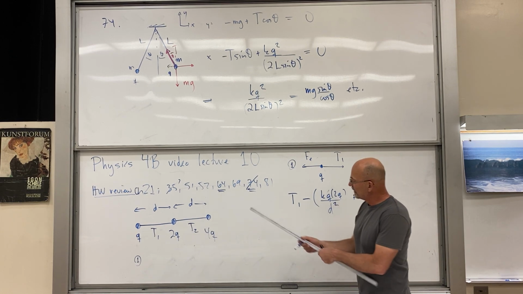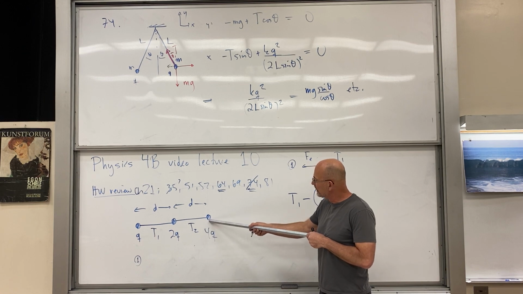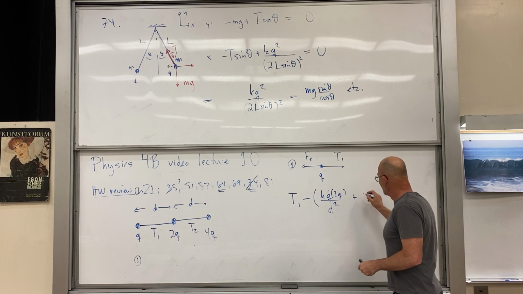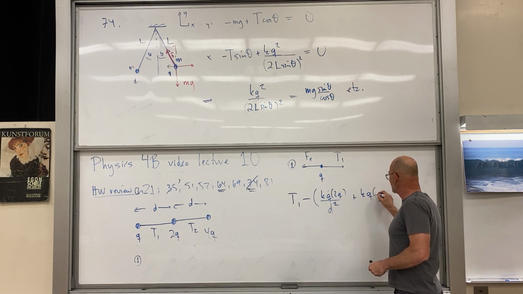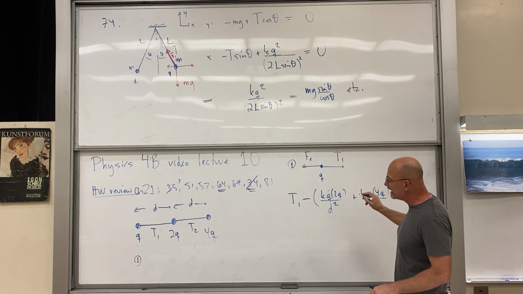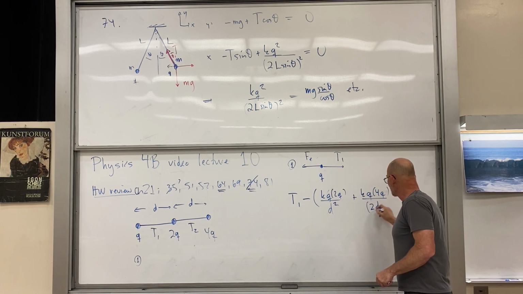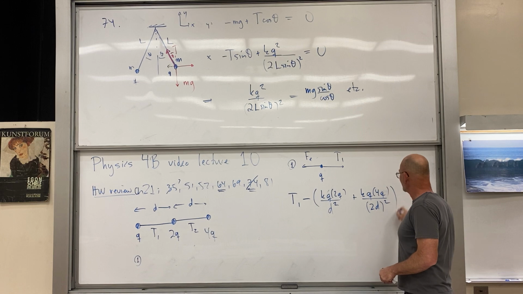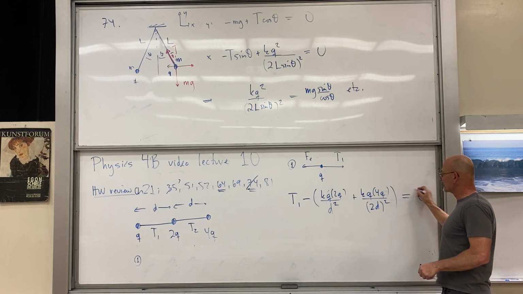And then the repulsive force due to this charge over here will be KQ times 4Q divided by 2D, the quantity squared. And this is static, so that equals 0.